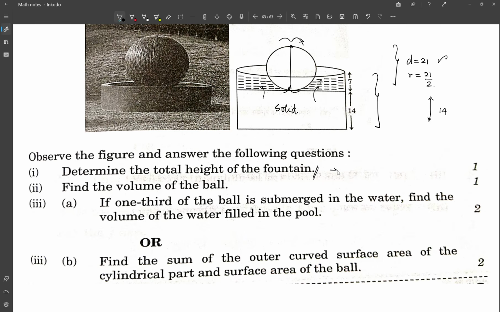So in this case it would include the height of the solid base plus the height of the ball, which is nothing but the diameter. You don't include this water because the ball is not above the water level. It is above the solid base, which means you should include this 21 as well as 14 centimeter. So that would be a total of 35 centimeter.